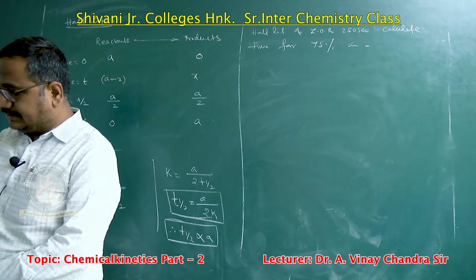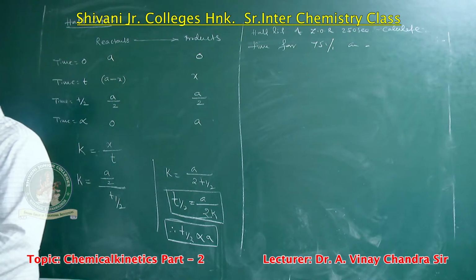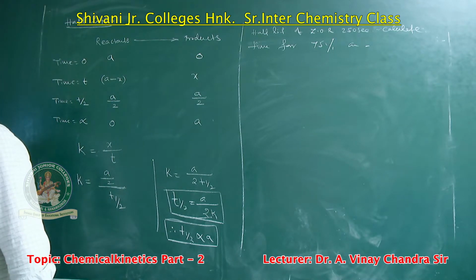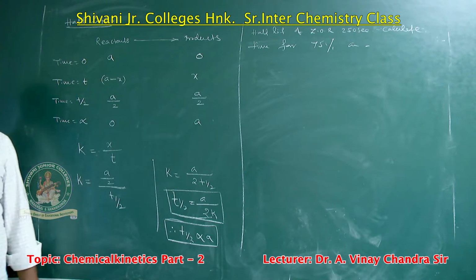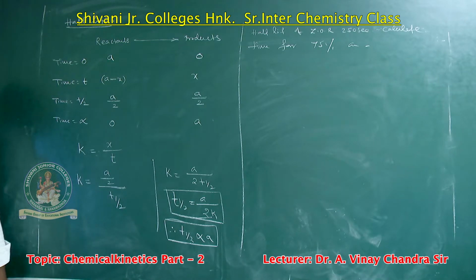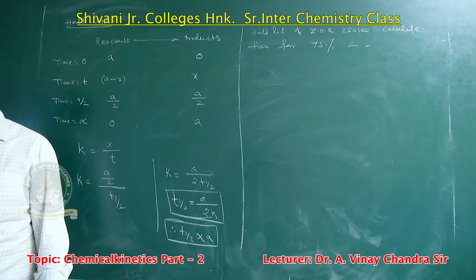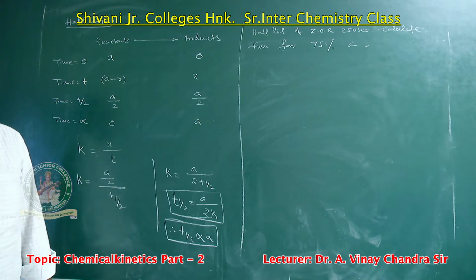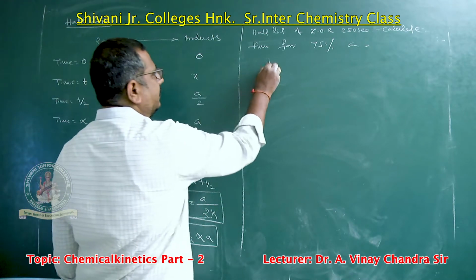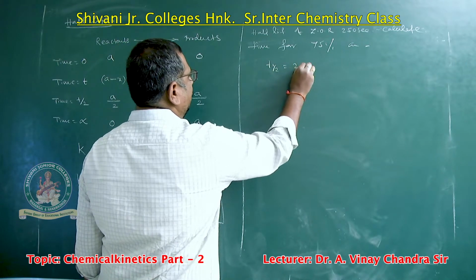In this condition, the percentage of reaction is given. See that carefully. The half-life of a zero order reaction is 250 seconds. Calculate the time for 75% completion of the reaction. Here T half is equal to 250 seconds.